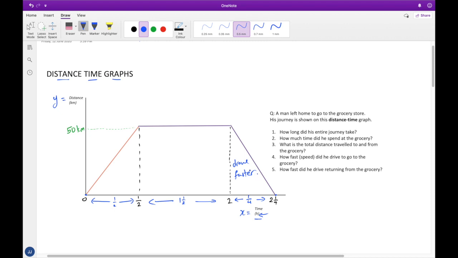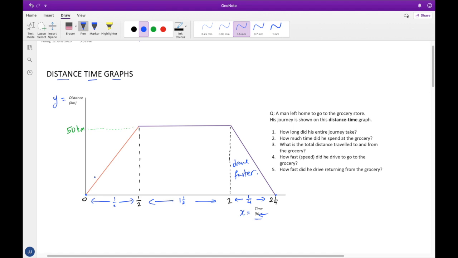We can also tell how fast he drove because of how steep this line is. This line over here going to the grocery store is not as steep. So depending on how steep the line is, the line shows his speed.